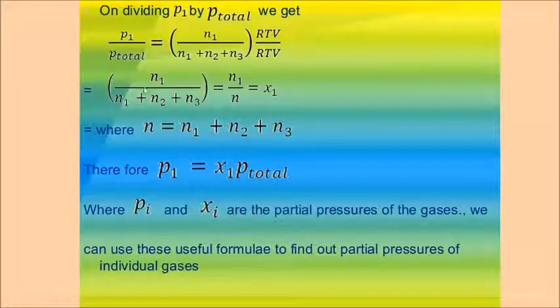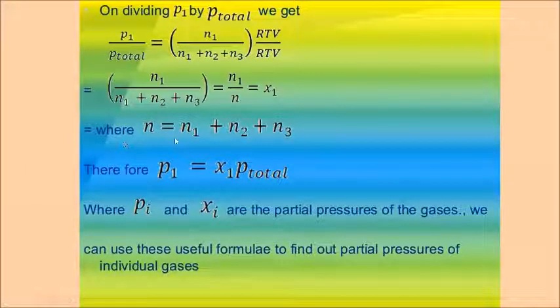Then finally we get N1 by N1 plus N2 plus N3. As these are the number of moles of the three gases, we take the sum as small letter n. So the equation becomes N1 by n is equal to X1.